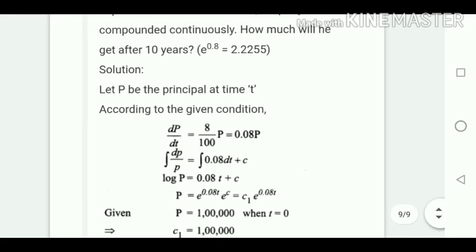So 1 by P becomes log P equal to 0.08 t plus c. So P equal to e power 0.08 t into c1.